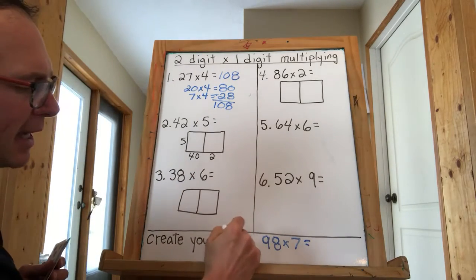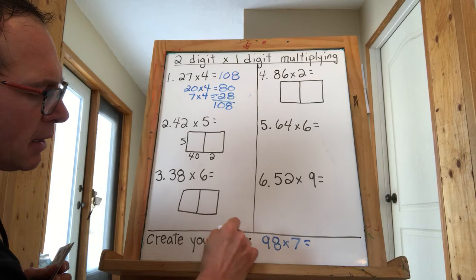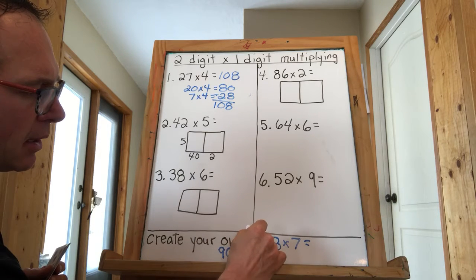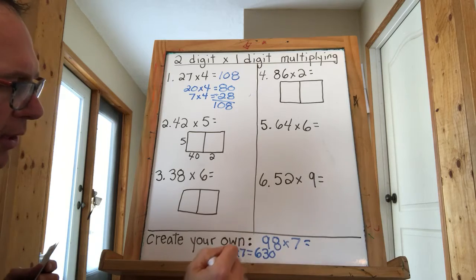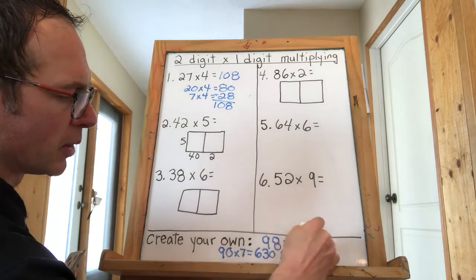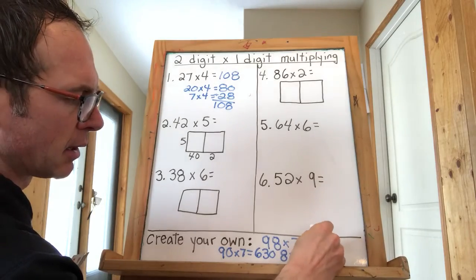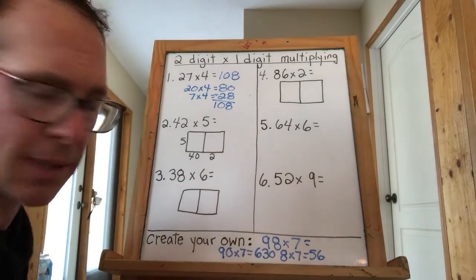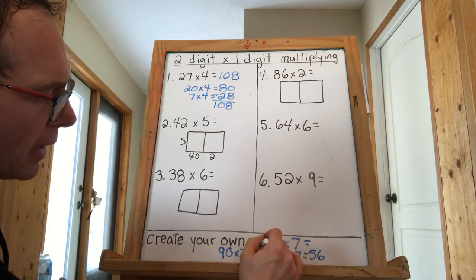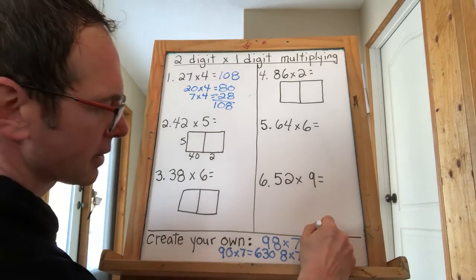So in that case, I would have 90 times 7. Well, I know 9 times 7 is 63, so that'd be 630. And 8 times 7 is 56. This is why we practice these on the Mad Minutes. Now, if I add 630 plus 56, I know that's 686.